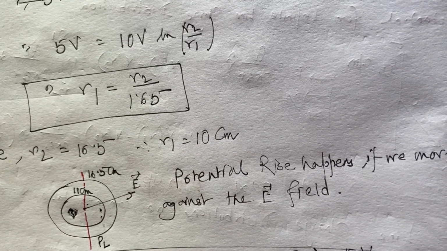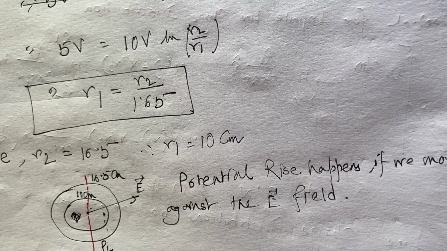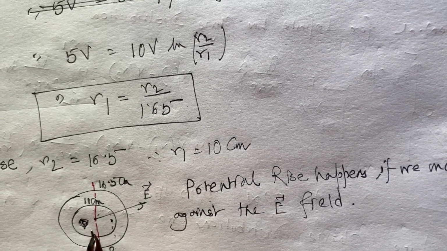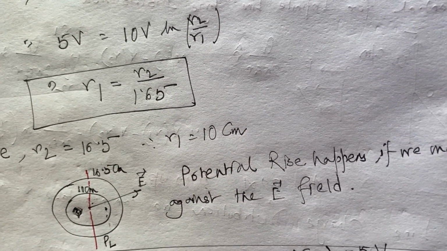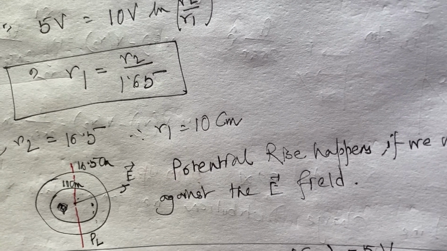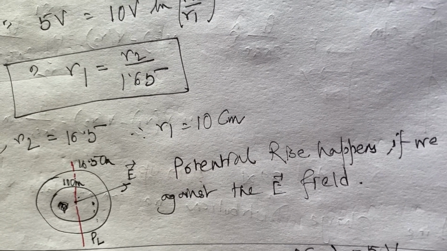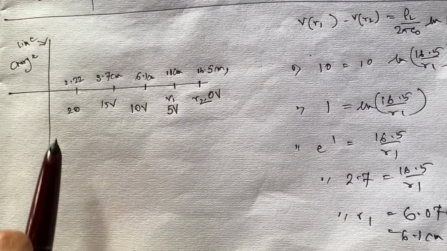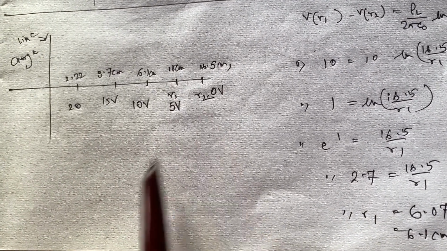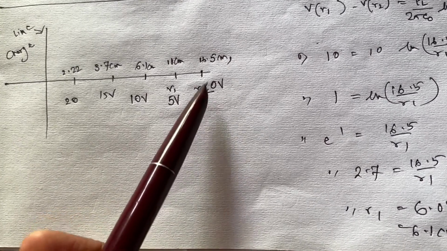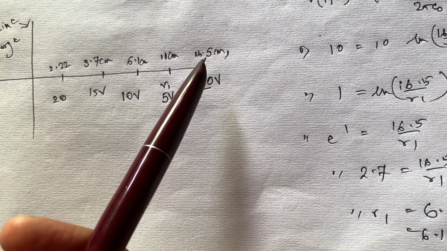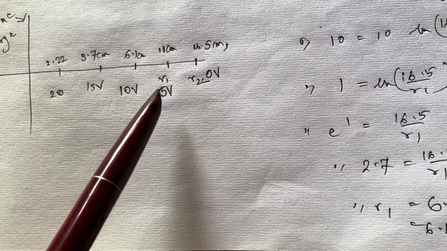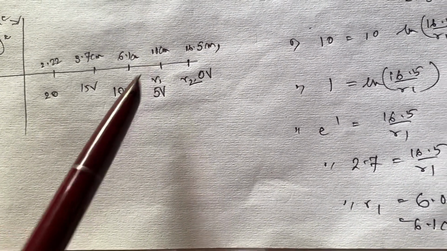So now I would like to find out the different points which are closer to this line charge distribution, because I already know the successive difference between the constant potential contour lines. Suppose here is my line charge distribution. This is my reference point R2 where the potential is 0. R2 is kept at 16.5 centimeter. The next constant potential contour will be at R1 equal to 10 centimeter.